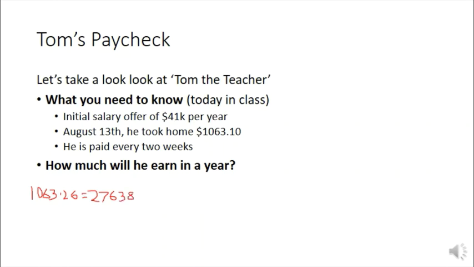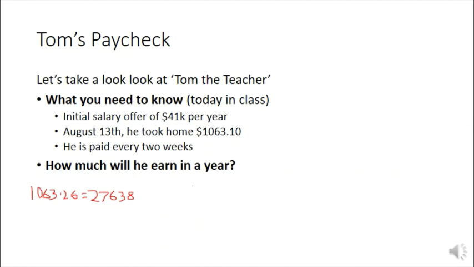And right away, we should notice that this is a lot less than $41,000. But, like I said, this is kind of a conservative estimate. We have another way of calculating his yearly take-home pay because we're given more information on this pay stub. One example of that additional information is his year-to-date pay.